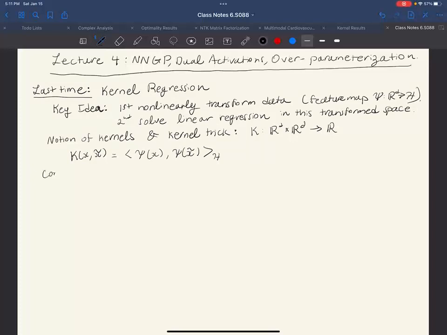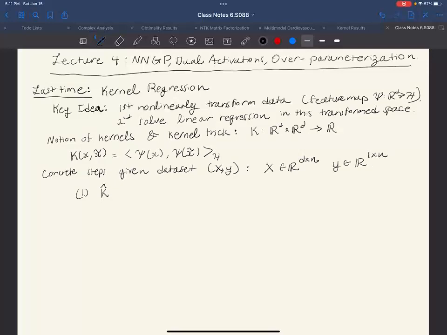So what did we do concretely? The concrete steps: given a data set X, Y, to solve kernel regression, we first computed this kernel training matrix. First of all, your data X is in R^(d by n), so you have n samples in d dimensions, and Y, of course, is 1 by n.